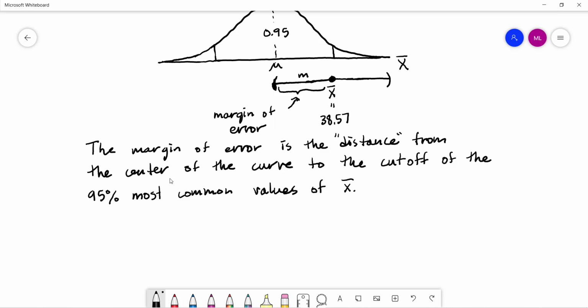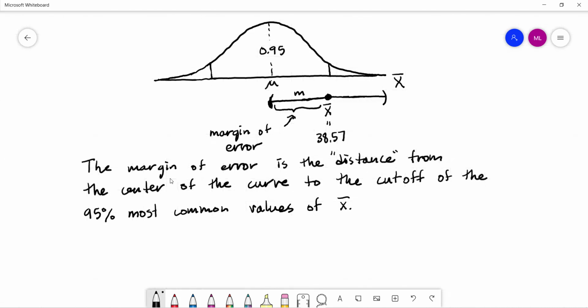Okay. Whew. So conceptually, that's what's going on. What is this distance? Well, one thing you might remember is this 95% is a number that we've seen before. We saw it when we looked at the empirical rule, back when we were introducing the normal distribution.